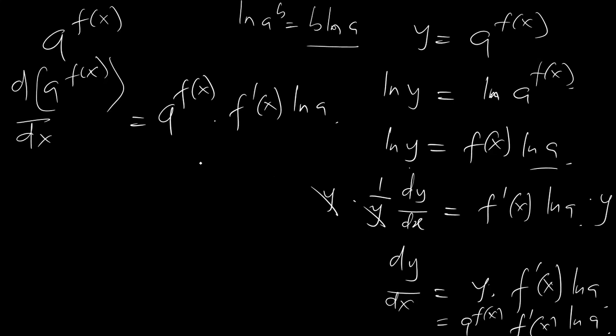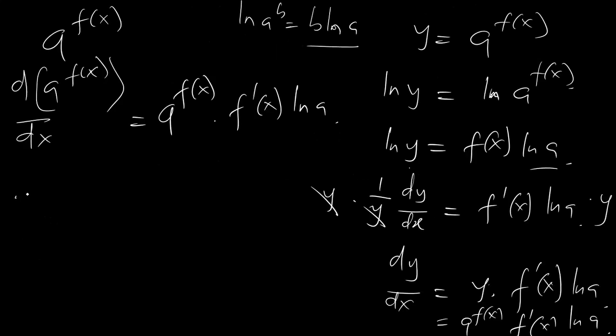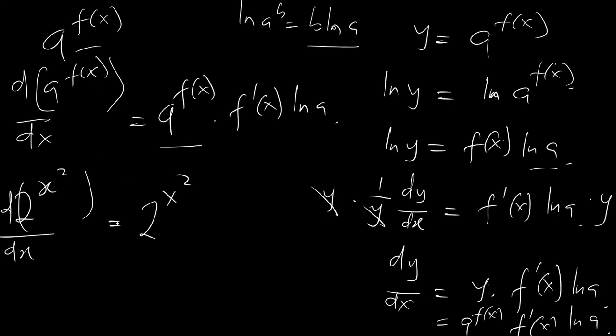Now, what is the problem we're given? We're given 2 to the power x squared. So the derivative of this will be equal to this same expression times the derivative of the exponent, which is 2x, times ln 2, because the a is 2 here.